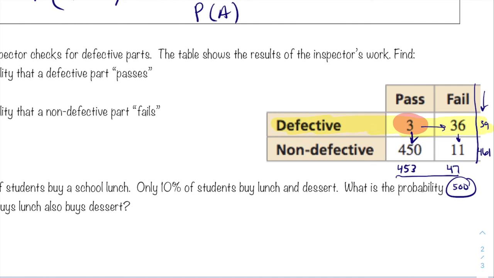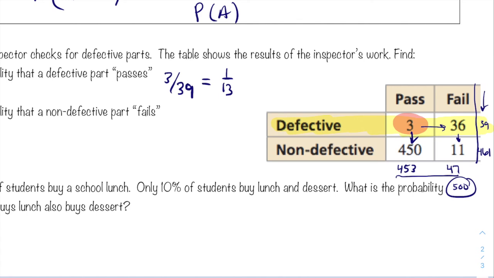The odds of a defective part passing: there were 39 total defective parts. 3 of them passed, so the probability would simply be 3 out of 39, which I think reduces to 1 out of 13. I just want to make sure. I hate making mistakes on videos. It is 1 out of 13.